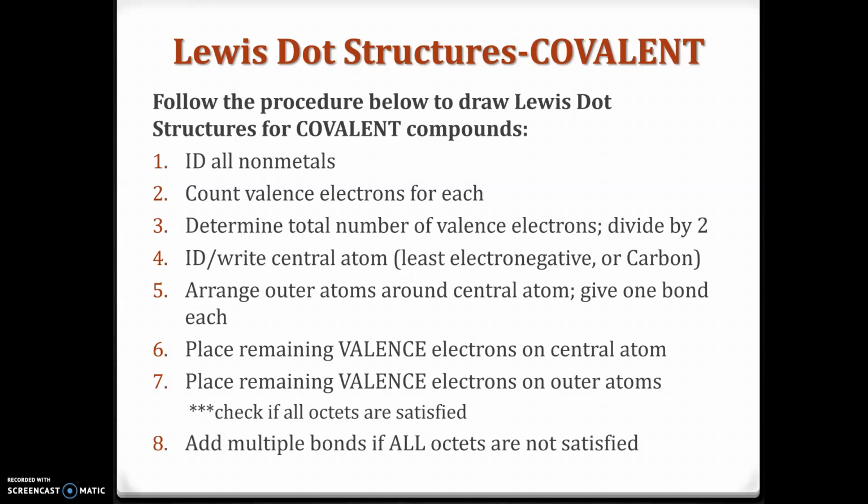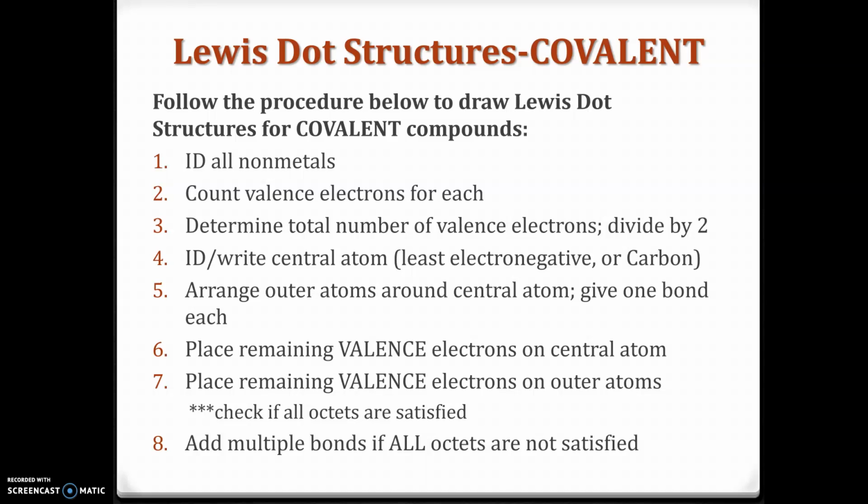One thing that you need to watch out for here is to remember that hydrogen can never, ever, ever be the central atom. Looking for and identifying that central atom seems like it's going to be really difficult, but when you see our examples, you'll see that it's not as complicated as it sounds.